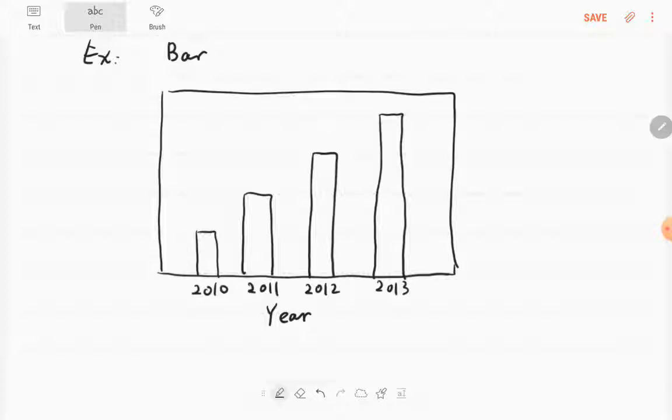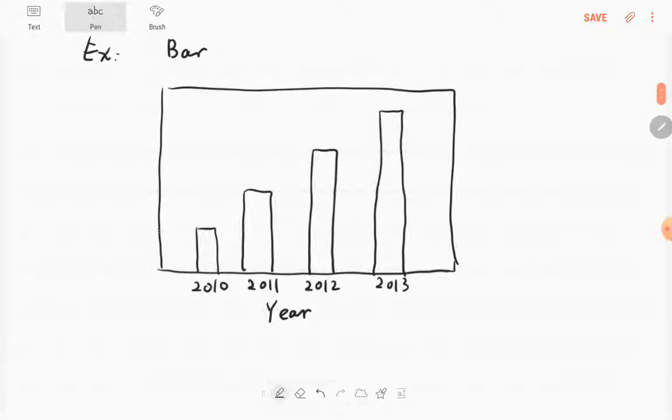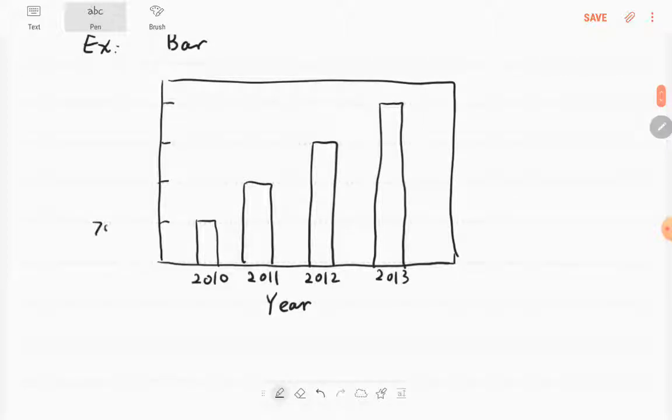And for the vertical line, we list several values, and these values mean the profit.